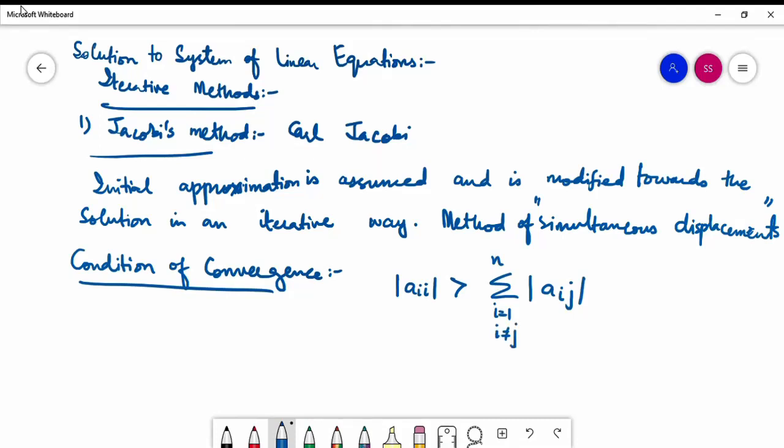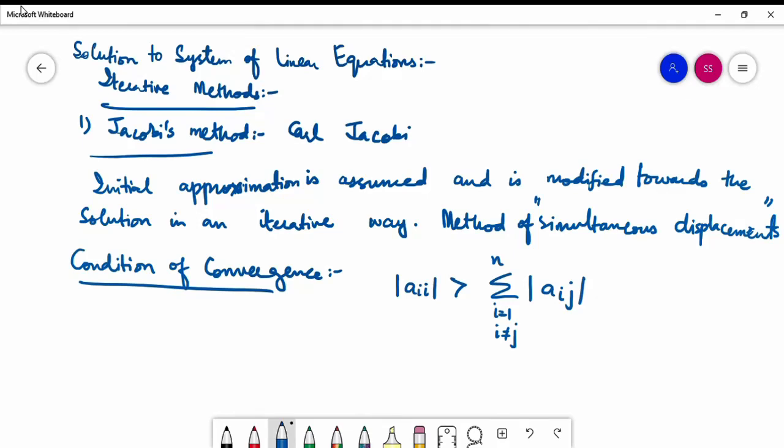The simple thing is that the diagonal element within the row should always be greater than the sum of all the rest of the elements in the row, and also in the column. So a11 should be greater than a12 plus a13, and a11 should be greater than a21 plus a31.